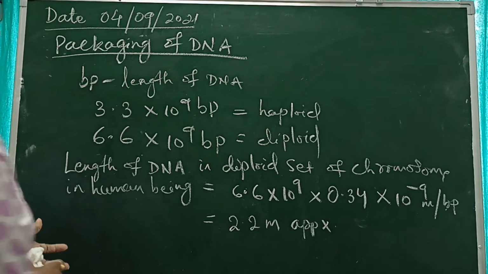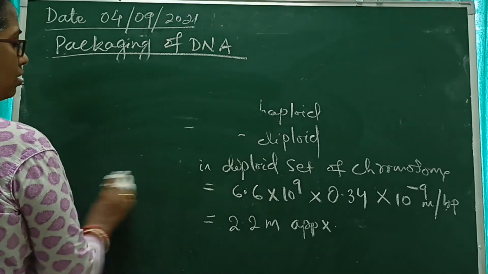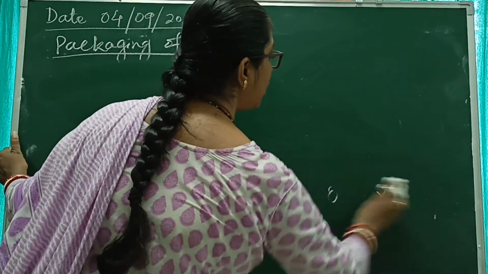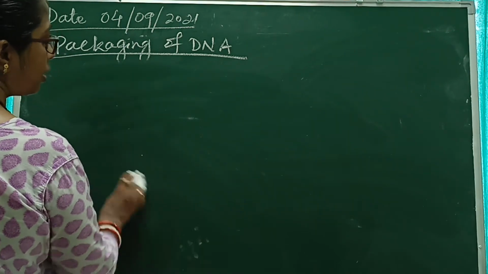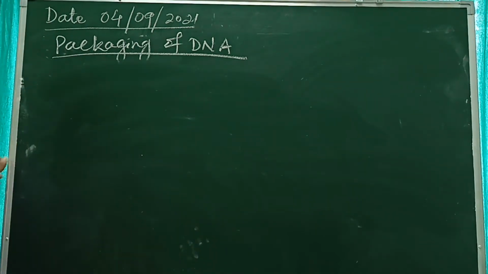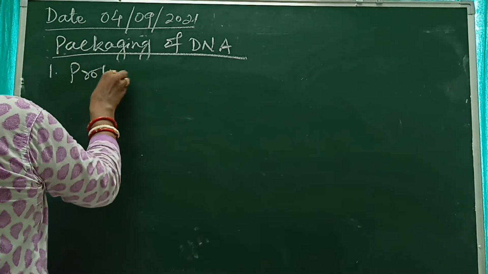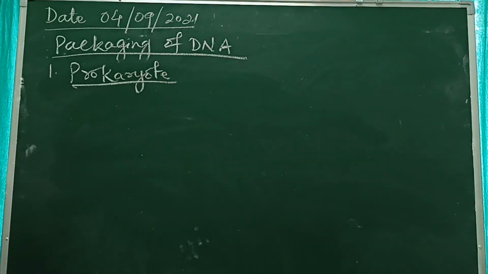Okay. So let us start with packaging of DNA in prokaryote. As you know, in prokaryote, a single looped DNA is present, and there is no nuclear membrane, a definite nucleus is absent. So how is the DNA packaged in prokaryote, that is, in bacteria?